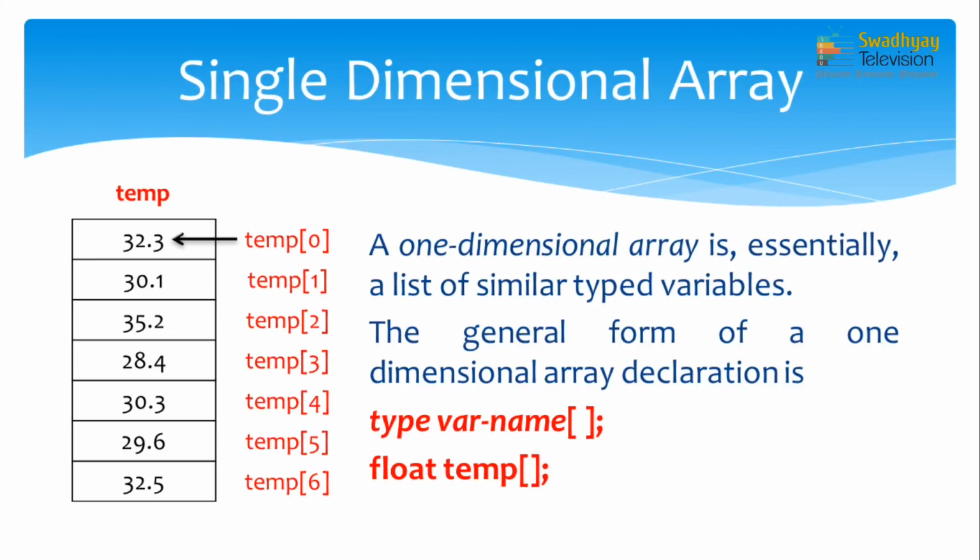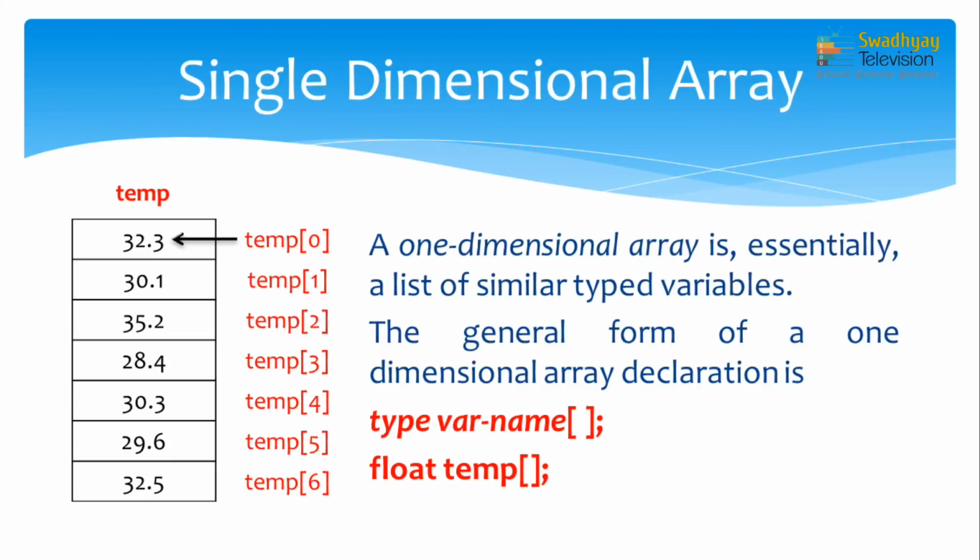Now, how to declare an array? The general syntax for declaring an array is first you have to specify the type, then provide the variable name, and then provide empty brackets, because array in Java is dynamic and we do not specify the size of the array in advance; we can specify the size of the array at runtime.